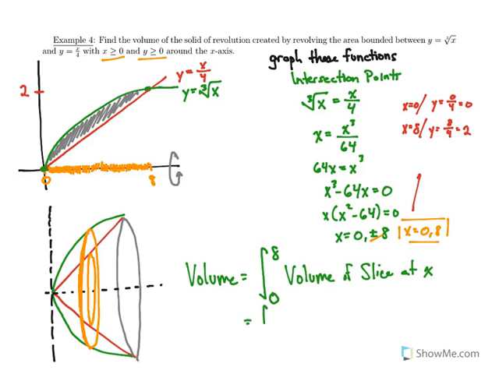And in that case, that's going to give us the volume of a washer, which is going to be pi big R squared minus pi little r squared dx. Our goal is to figure out what is big R and what is little r.